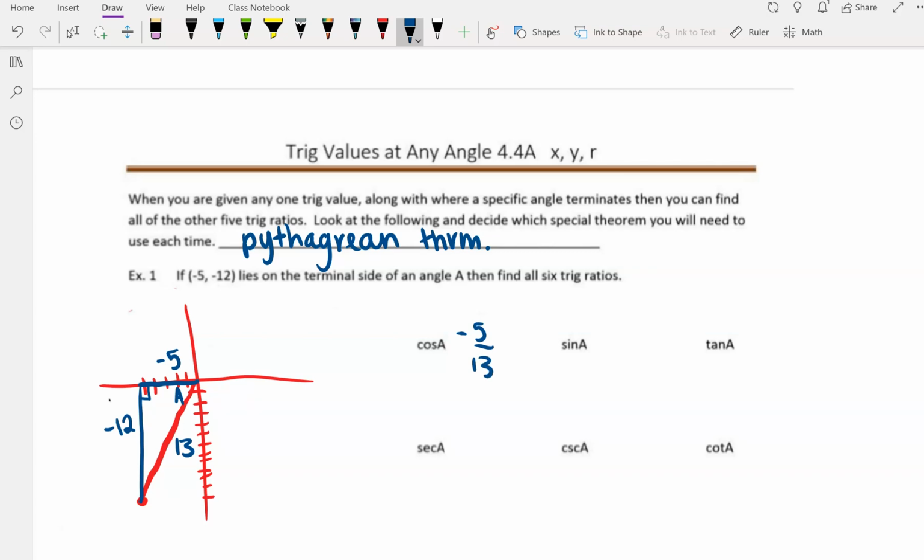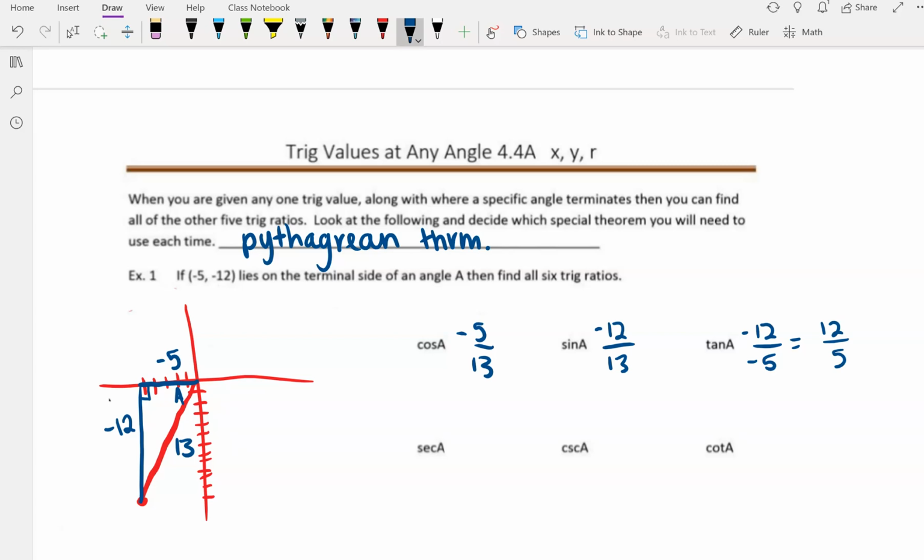All right, sine A. Sine is opposite over hypotenuse. So opposite of A is going to be -12 over hypotenuse, which is 13. Tangent is opposite over adjacent. Opposite is -12. Adjacent is -5. -12 over -5 is going to be positive 12/5 because the negatives cancel.